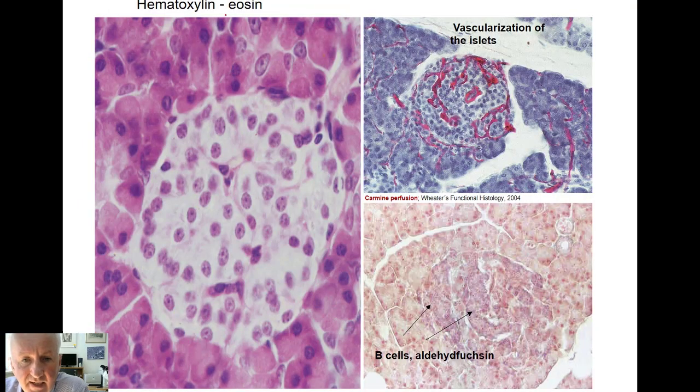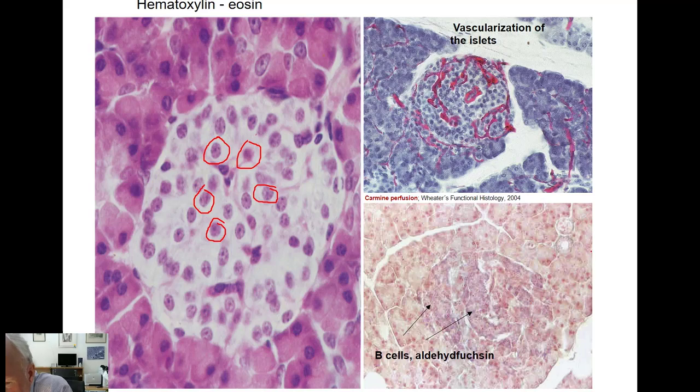Here you see a nice islet of Langerhans stained with hematoxylin eosin. So you see there is no help how to distinguish A cells and B cells. You see they are stained completely the same. You see the nucleus, but which one is the B cell and which one is the A cell? So you need once more perfect immunohistochemical methods to distinguish the cells.